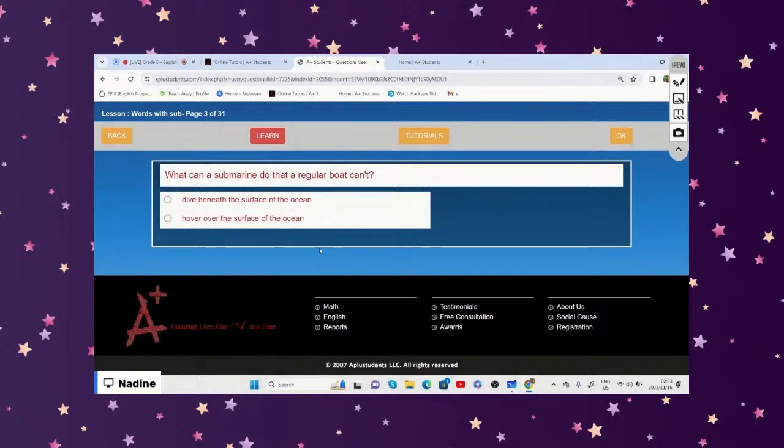And then what can a submarine do that a regular boat cannot do? Is it dive beneath the surface of the ocean or hover around the surface of the ocean? Something a submarine can do that a boat cannot do.